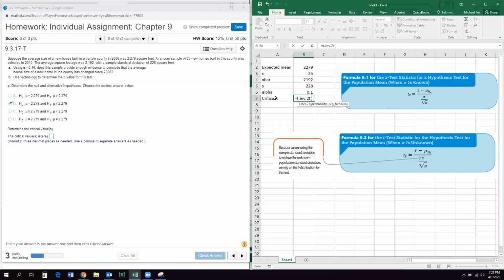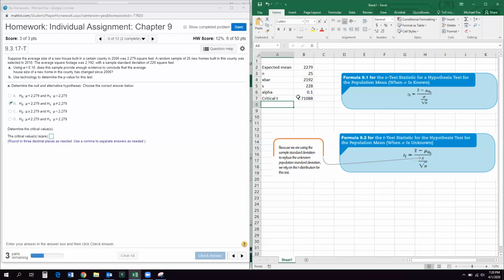But when you're doing the t, there's a 2T function for two-tailed. You could just do T.INV and still do the alpha divided by 2, and you would get the same answer. Anyway, we put our alpha in for the probability, and our degrees of freedom is n minus 1. So there's our critical t.